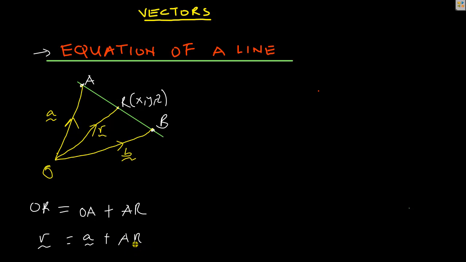We actually don't know what AR is, but from the properties of parallel lines, AR is parallel to AB. I could say parallel or collinear, so AR is collinear to AB.